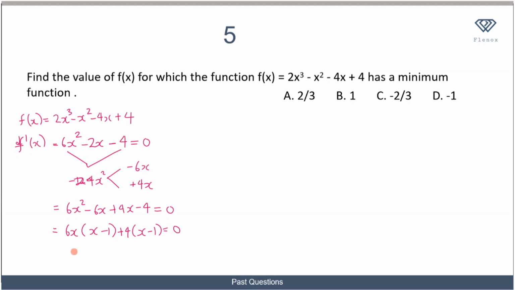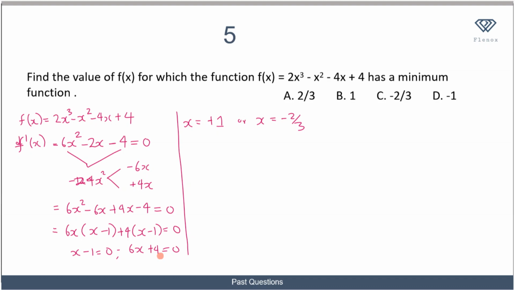That becomes x minus 1 equals 0, or 6x plus 4 equals 0. When you solve this, you have x equals 1, or x equals minus 2 over 3 when you simplify this.